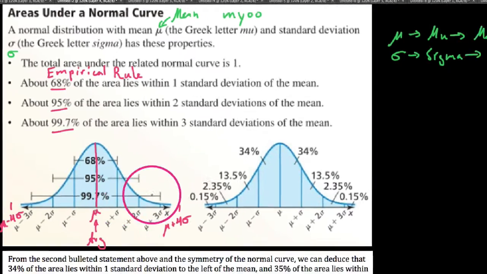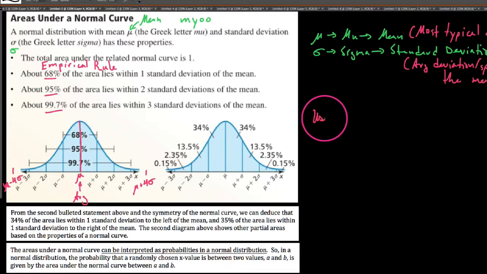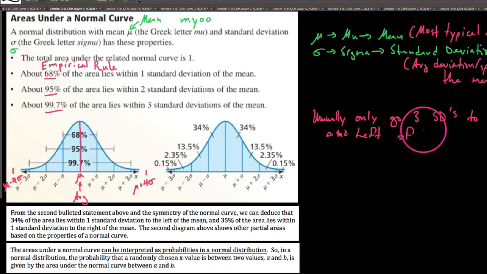So with normally distributed things, we usually only go 3 standard deviations to the right and left of the average, which is in the middle, and we call that the mean.